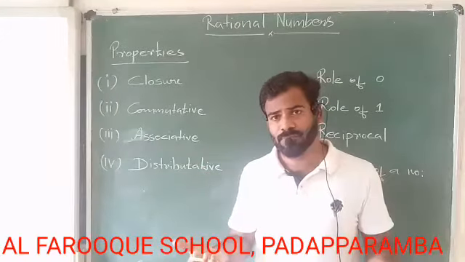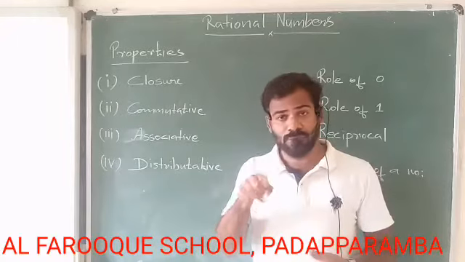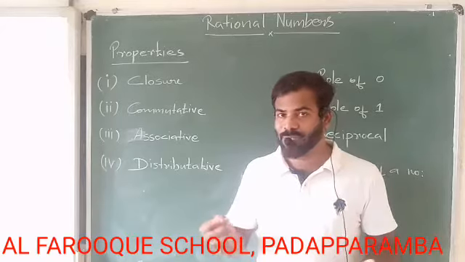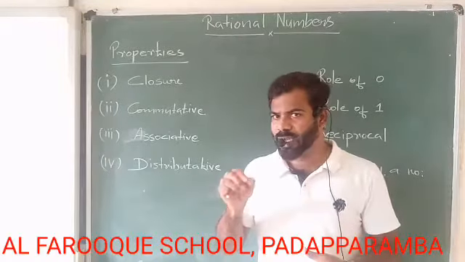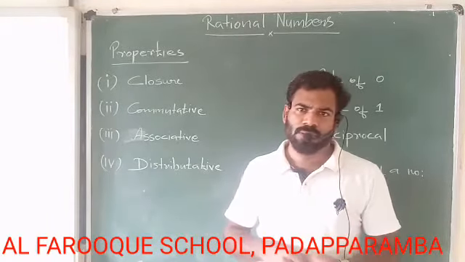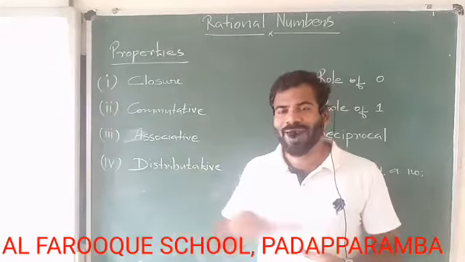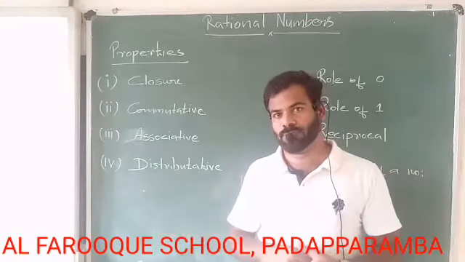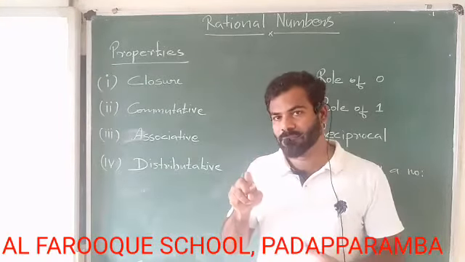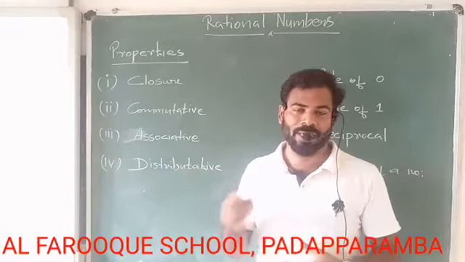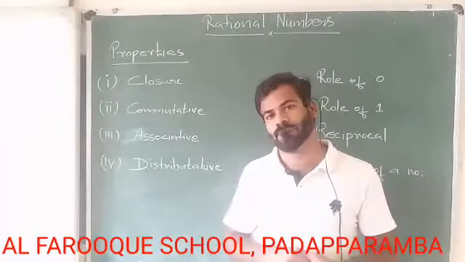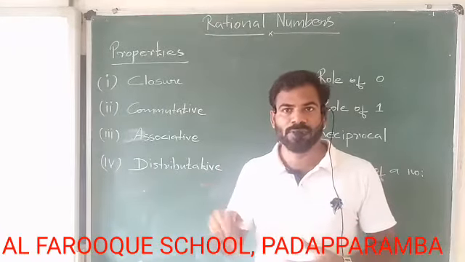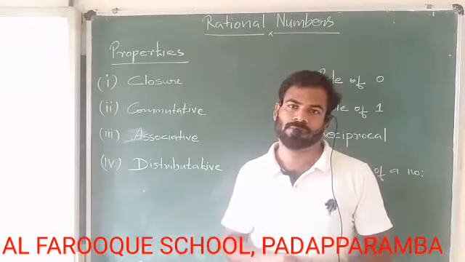What is the answer? 5. 5 belongs to natural numbers. Doing like this, we can conclude that in the case of natural numbers, addition is closed. That is, the sum of any two natural numbers again belongs to the natural numbers. So we can say that natural numbers are closed under addition.